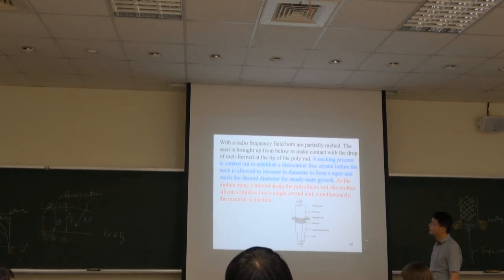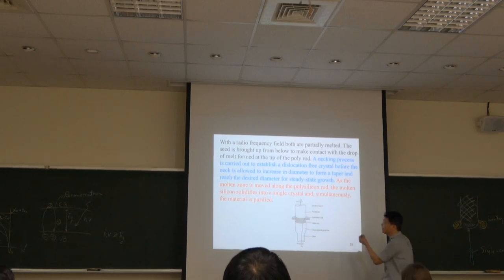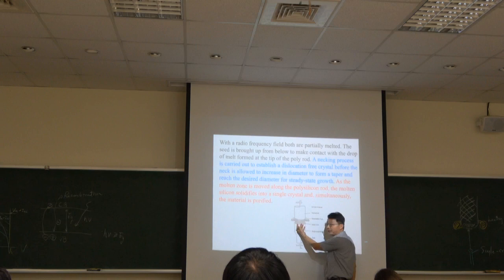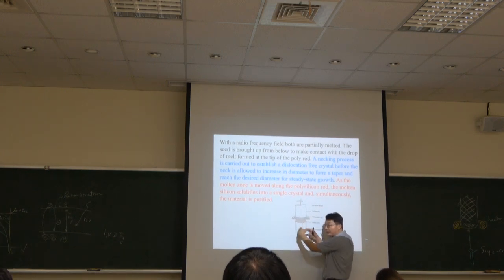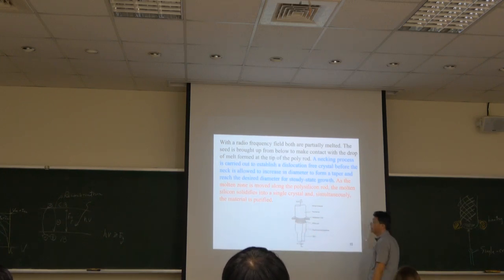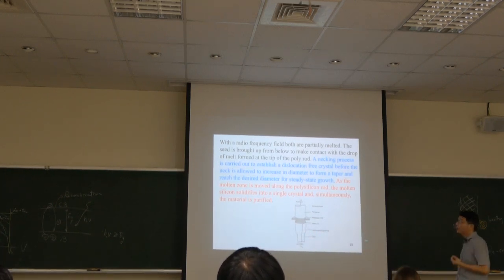before the neck is allowed to increase in diameter to form the taper, which describes the desired diameter. The desired diameter depends on the rotation speed. If the rotation speed is slow, the diameter becomes bigger. So it depends on what size you want.